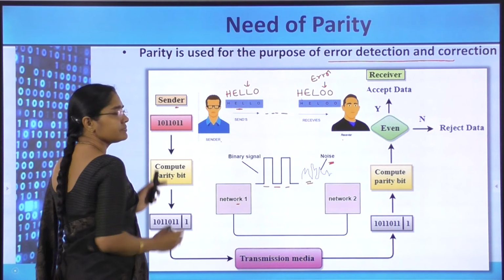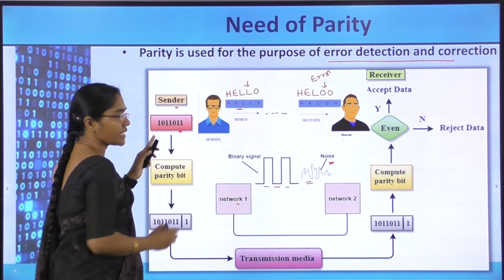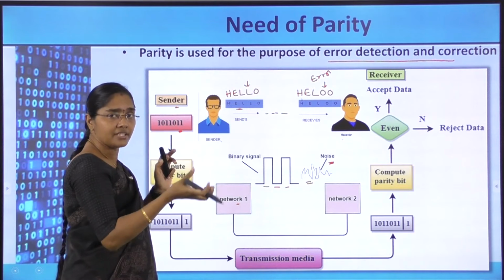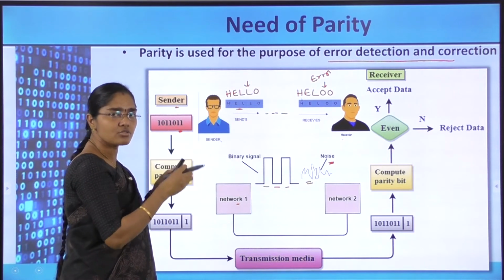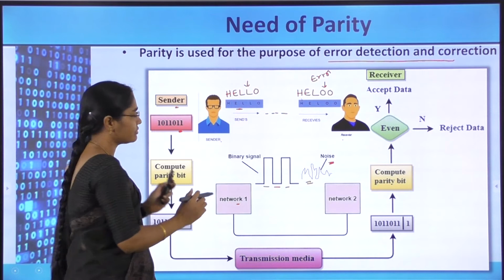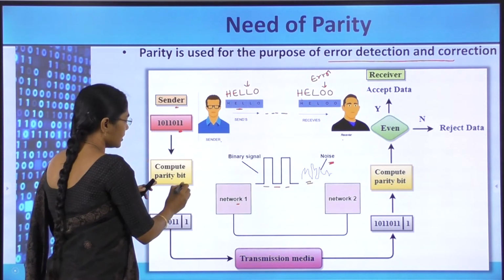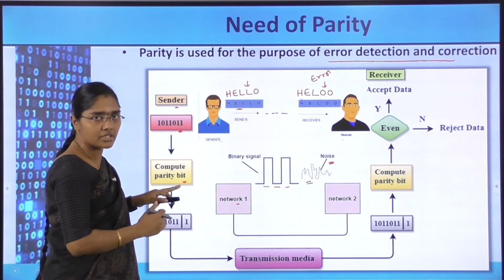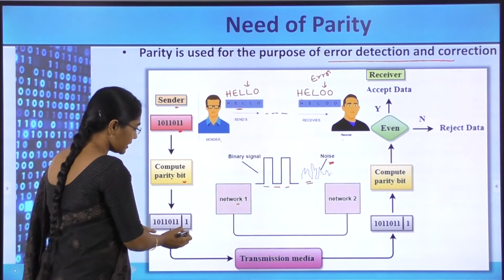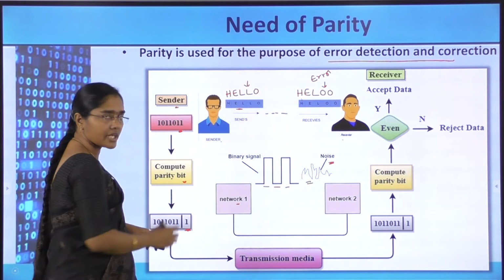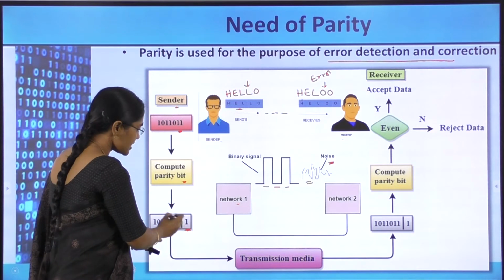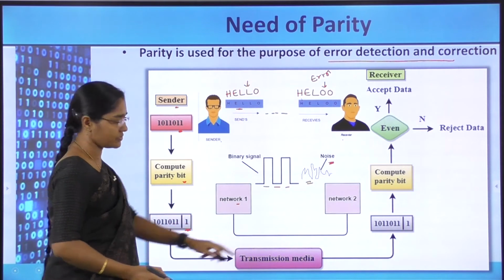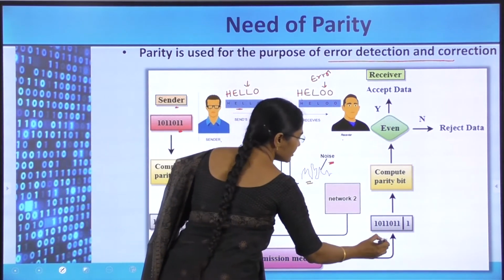The sender sends the hello message as binary, and for the detection part, the parity bit is used on the transmitter side itself. For this data, computing the parity bit is the next step. The parity bit will be defined and that parity bit is added to the data, and now the original data plus the parity bit will be transmitted through the channel. Then that will be received.